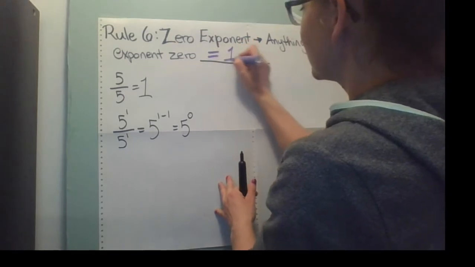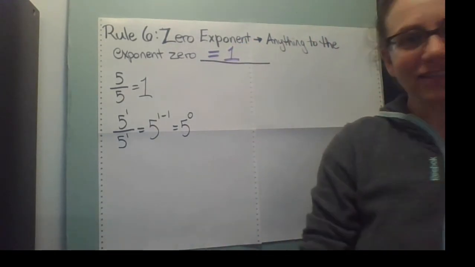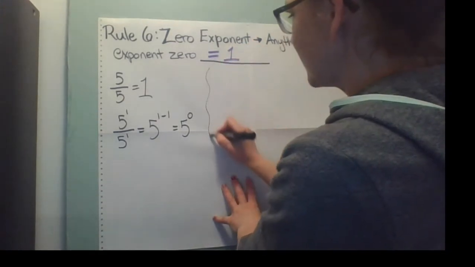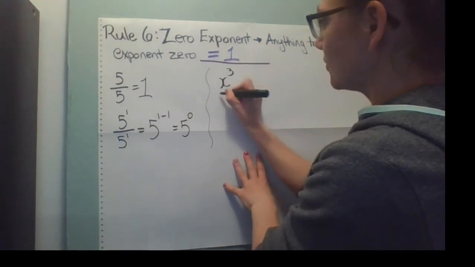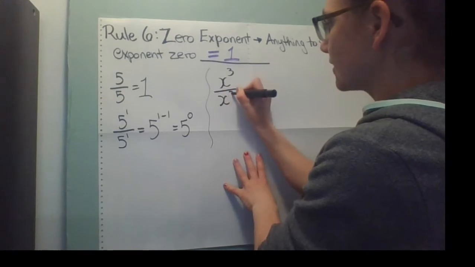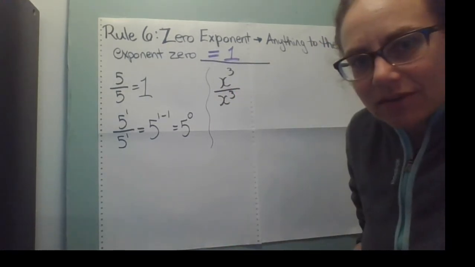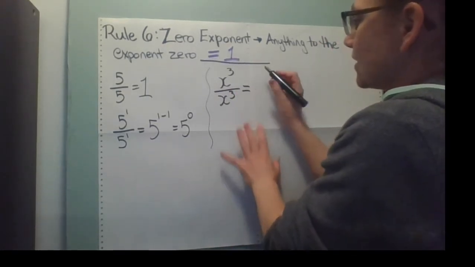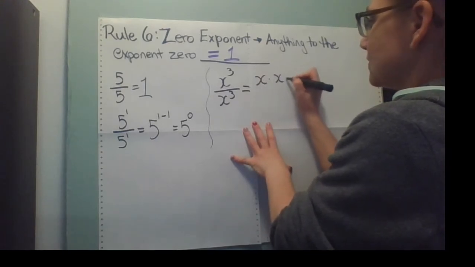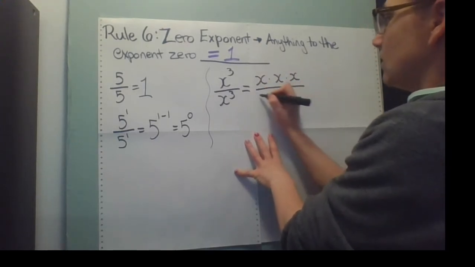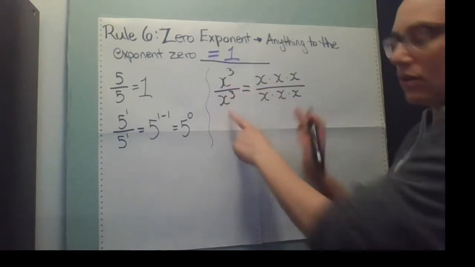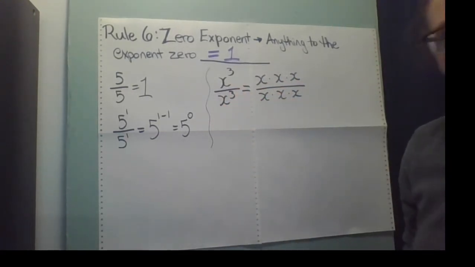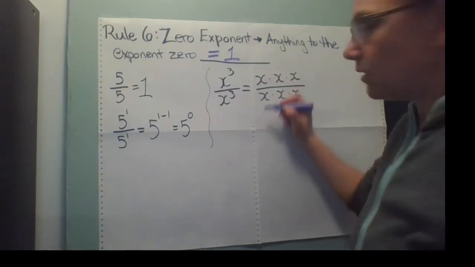Let's try another one. Let's say I have x cubed divided by x cubed. Again, it's something divided by itself. This time let's write everything out: x times x times x all over x times x times x. So I have 3 in the top, 3 in the bottom. What do we do when we're dividing like this? Well, we can cancel, right?